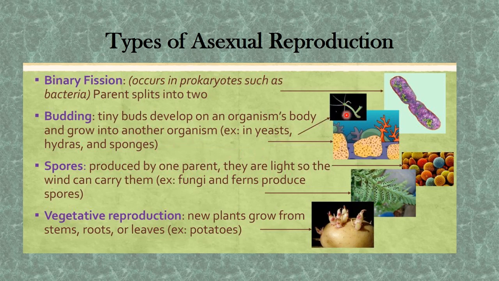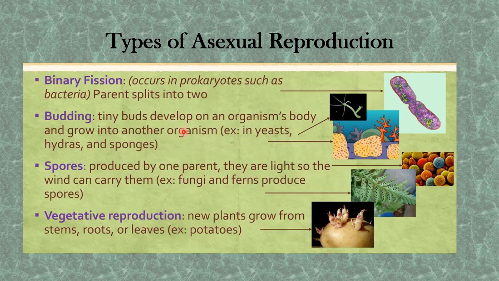This is an example of a hydra that carries out budding as the type of asexual reproduction. You can see that there's an outgrowth from the parent. That outgrowth separates from the parent and forms an adult offspring.